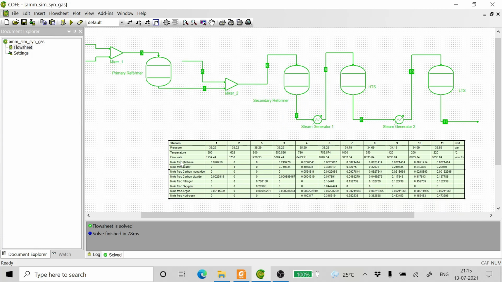Now, as you can find here, we get a stream report, where we can see that stream number 11 is at a pressure of 33.59 bar, at a temperature of 220 degrees Celsius. The flow rate is 8,833, and the oxygen in this is 0, and it has the right nitrogen and hydrogen ratio.